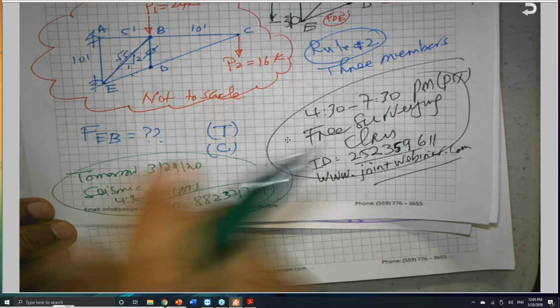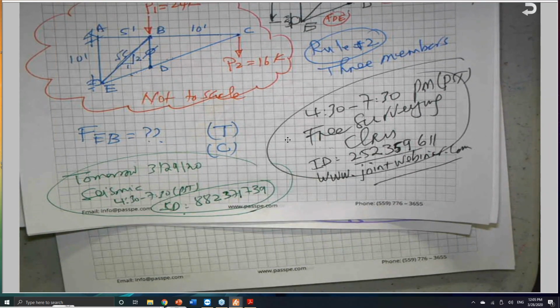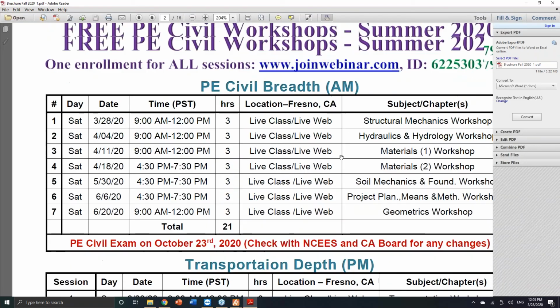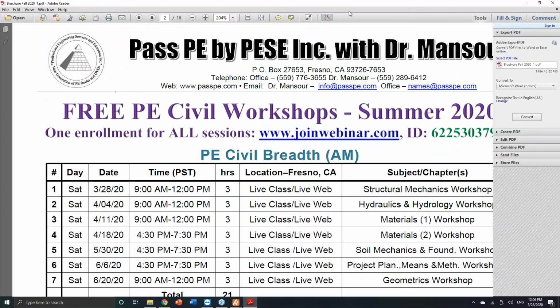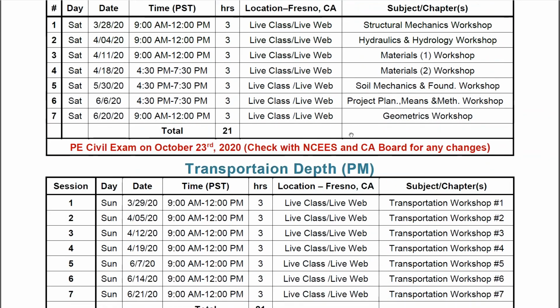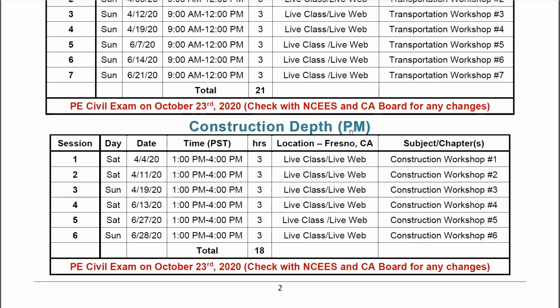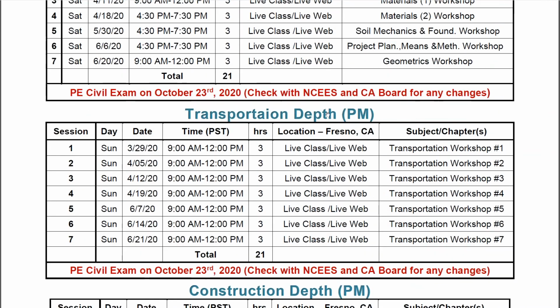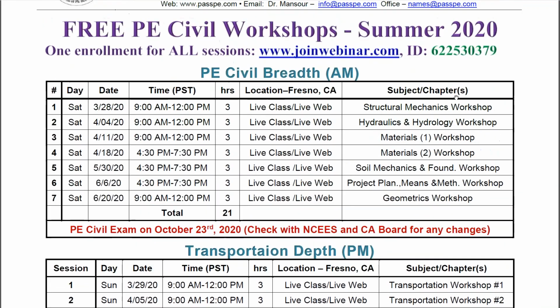But for the free one, still the same ID is going to stay with us all the way. This ID here will stay. It is only one ID for all these classes. Thank you very much.